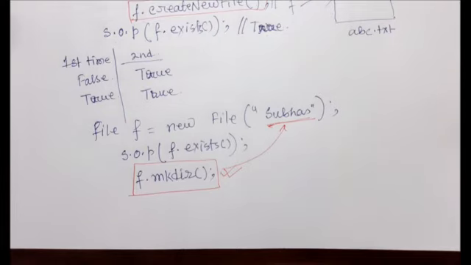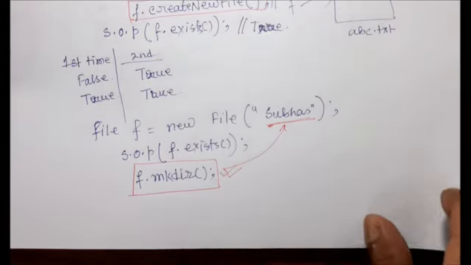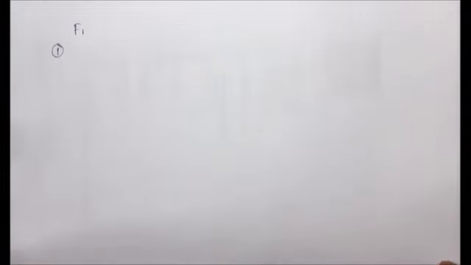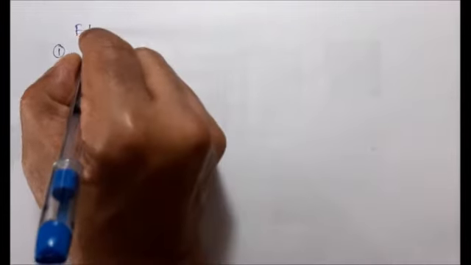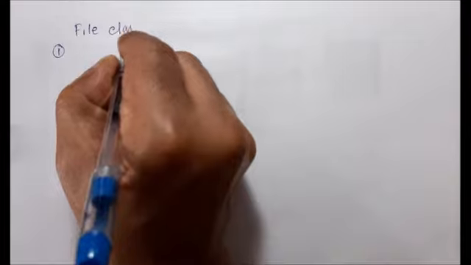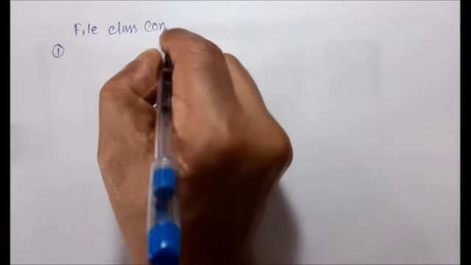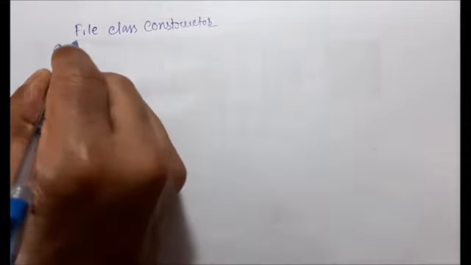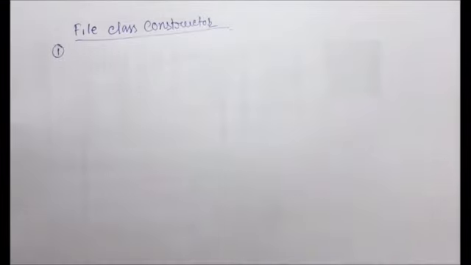Okay. So, let me write the constructors available for this File class. We are already familiar with the first one. Let me write a heading so that you can get a clear idea: File class constructors.